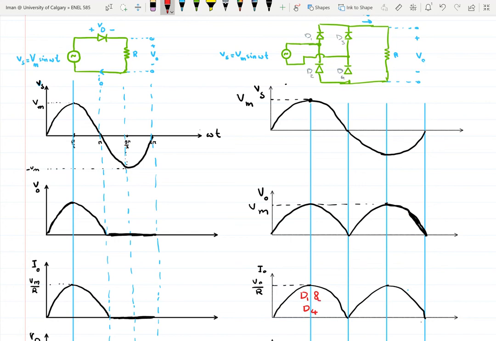And in the negative cycle where we have a negative voltage, we would have D3 and D2 on.